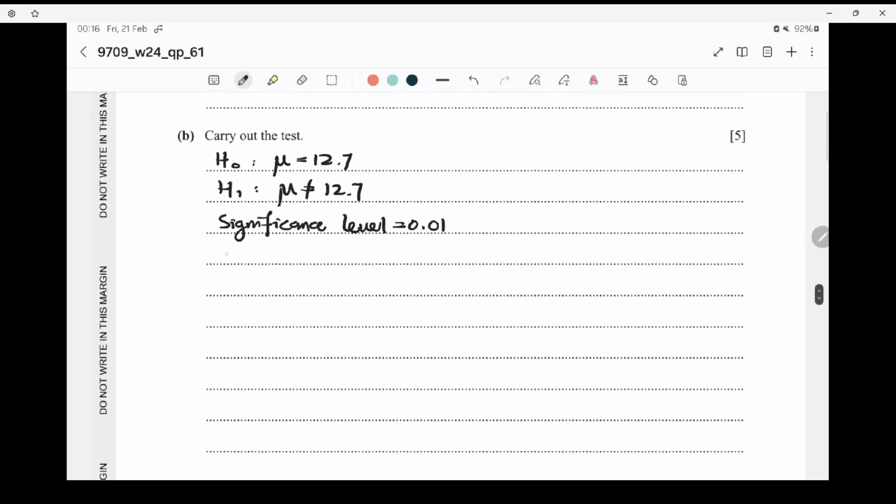So now you need to find out what is the value of your x bar as a normal distribution. So this is 597.1 divided by 50 samples, which is 11.942. Second one, 2.3 squared divided by 50, which is 0.1058.